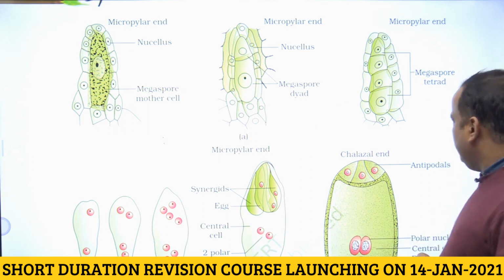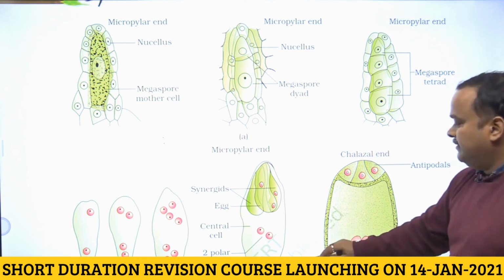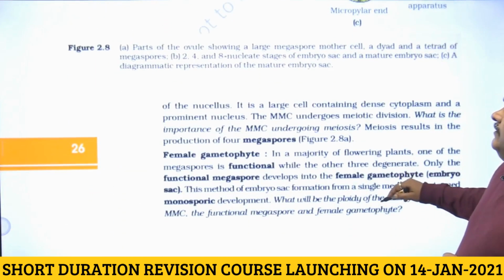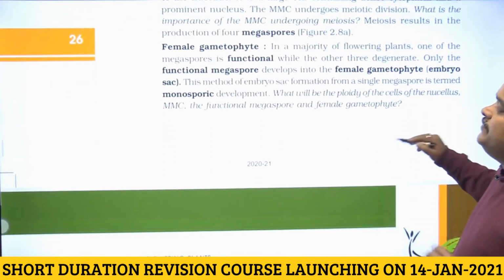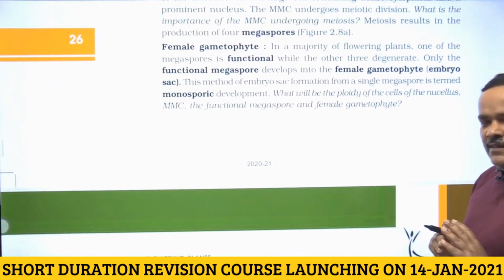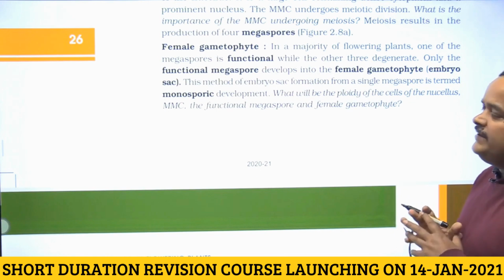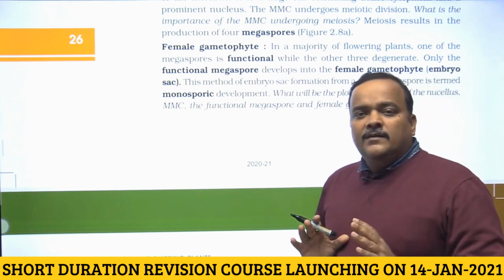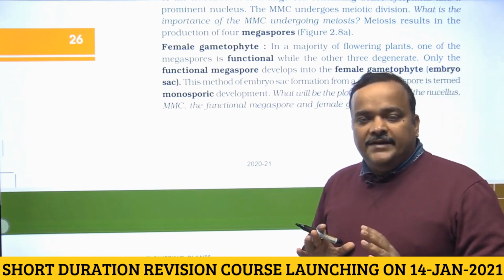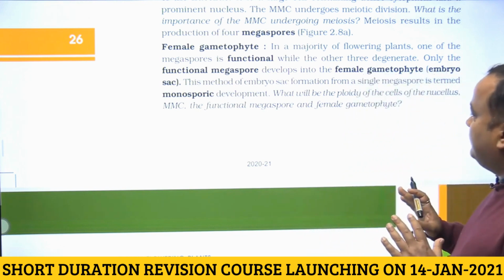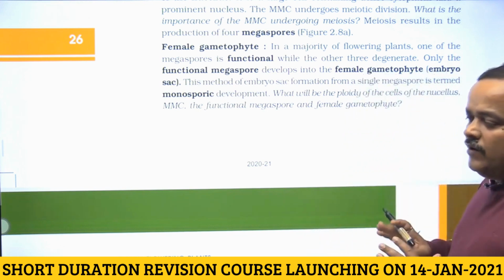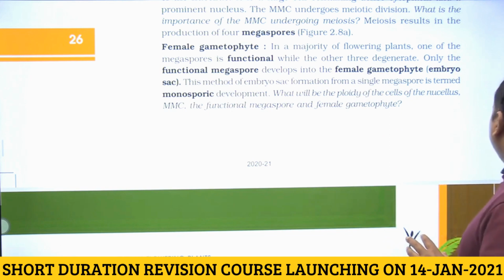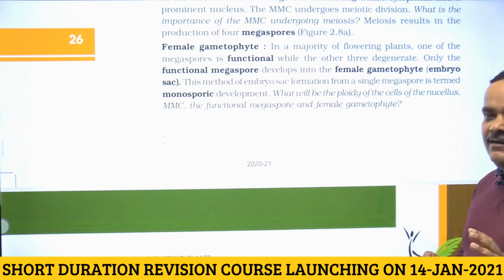Now, our next topic is development of the female gametophyte. The female gametophyte is represented by the embryo sac. I have already discussed that out of 4 only one remains functional, and it is located towards the chalazal end.